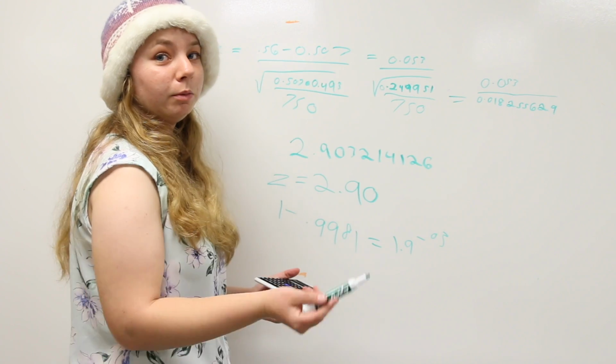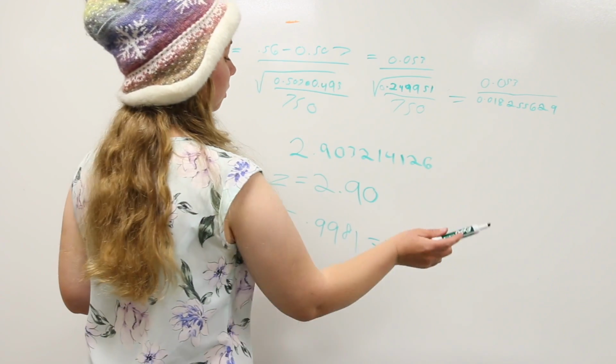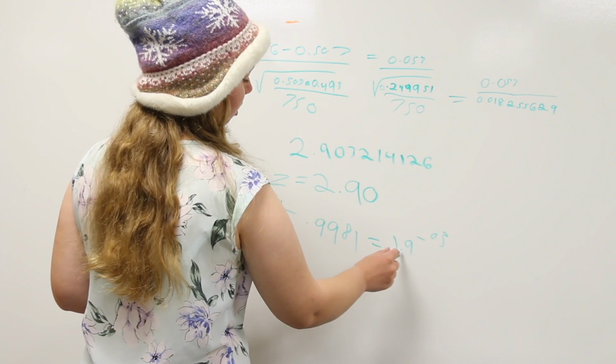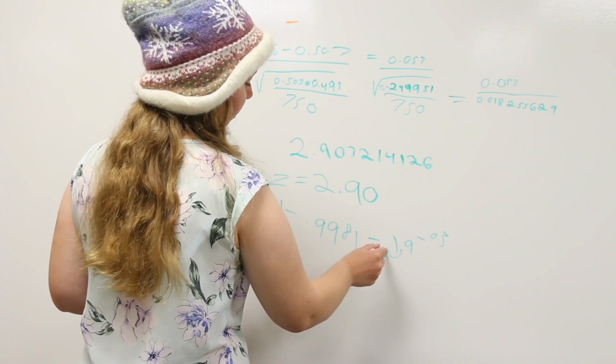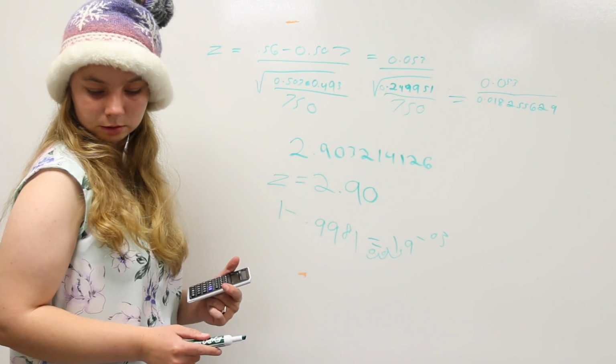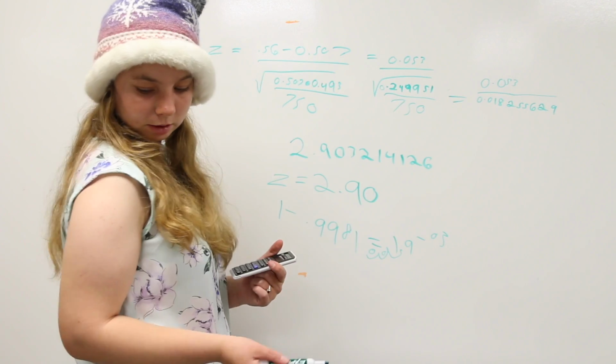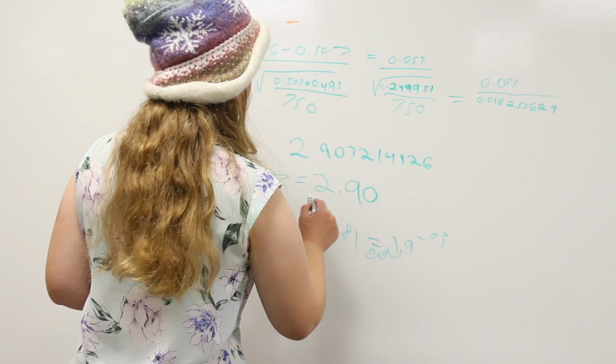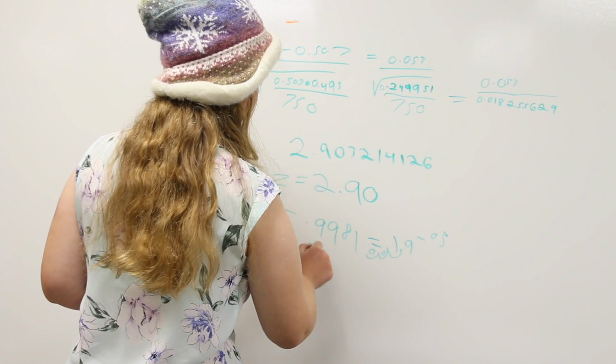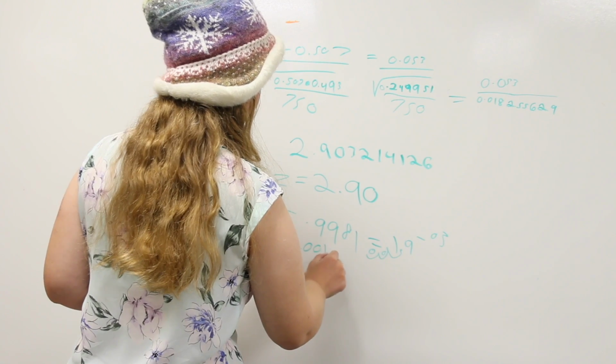So that means we move the decimal 3 places to the left. So 1, 2, 3. So it'd be 0.0019.